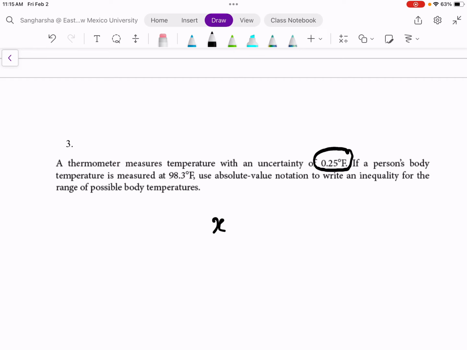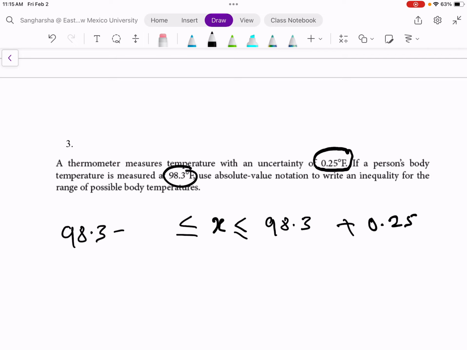Now x can be less than or equal to 98.3 plus 0.25, or it can be greater than or equal to 98.3 minus 0.25.